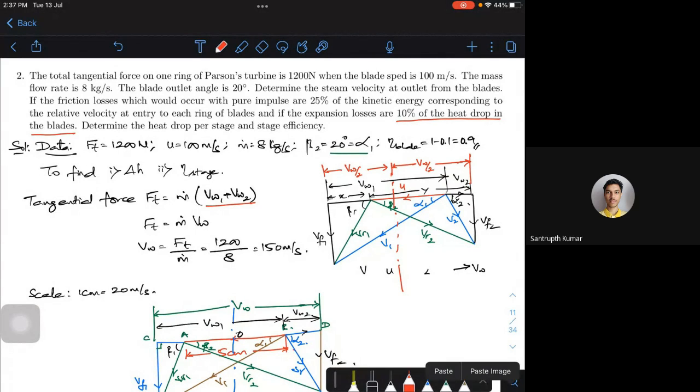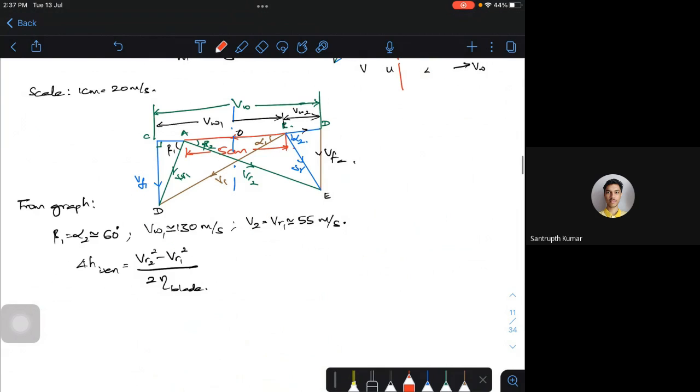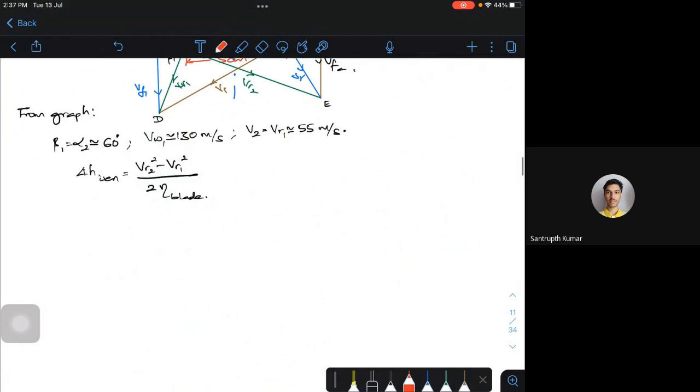If the friction losses which would occur with pure impulse are 25% of the kinetic energy corresponding to the relative velocity at entry to each ring of the blades, that means VR1 square is actually 1 minus 0.25 times V2 square.